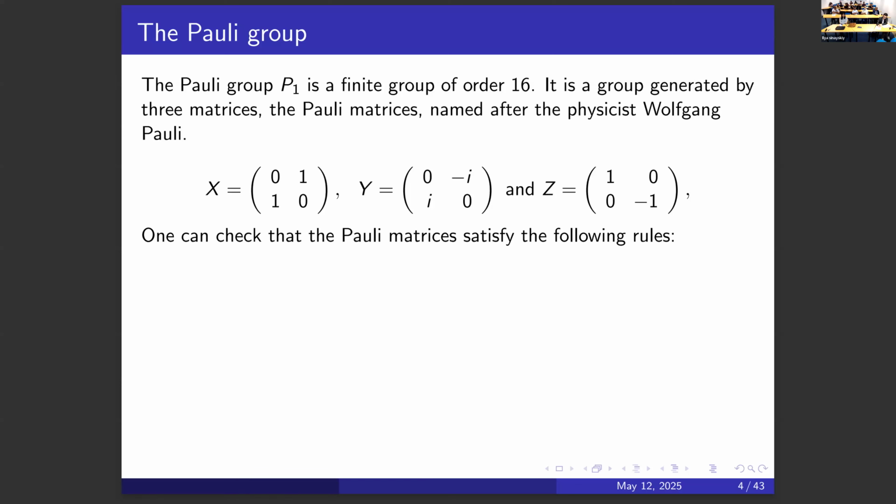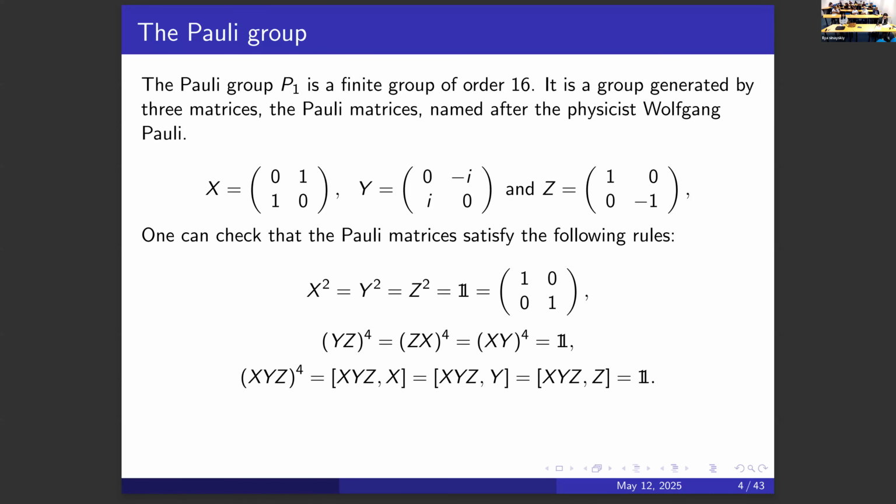And one can check that they satisfy these properties, which allows us to define this. Along with these three generators, we can have these relations, and we'll have our group presentation for the Pauli group.